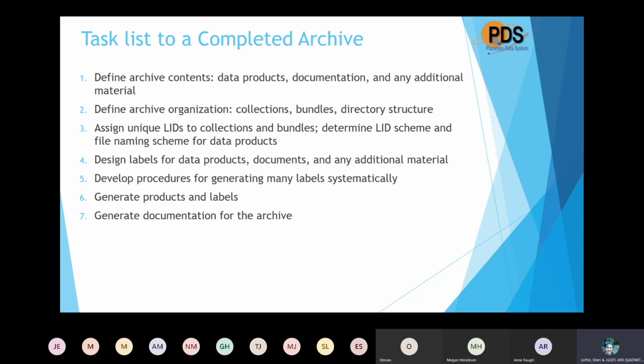So if this planning is done ahead of time, you'll already know what files you're going to need and what you're going to have. You're going to know what to name them. You're going to know keywords to be included within those data products or within those labels. And you're going to know already the format for the beginning of that label file, because all of that can be laid out. We're going to cover this in a little more detail, but just some of the things to keep in mind: a little bit of preparation goes a long way in this process.